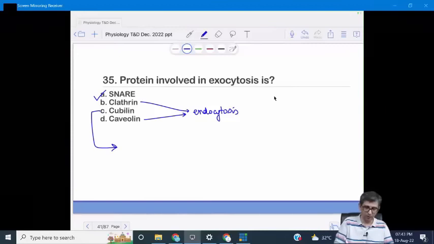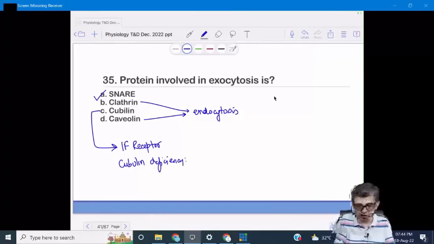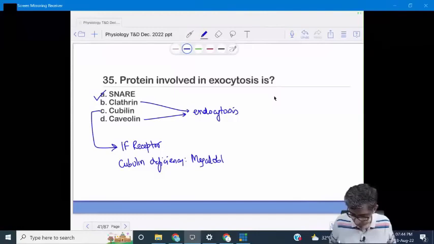Yes, cubilin is intrinsic factor का receptor. मतलब अगर क्यूबिलिन की डेफिशिएंसी हो जाएगी तो again patient would be having a megaloblastic anemia. Cubilin would be present in the terminal ileum. Cubilin deficiency in a person can trigger development of megaloblastic anemia.